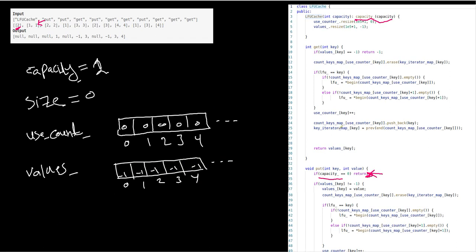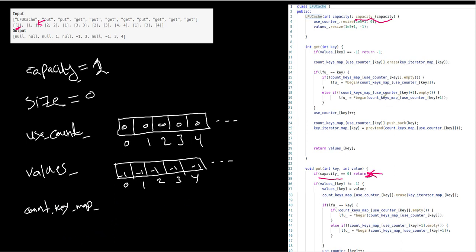Then we have the dictionary count key map, and it's initially empty.